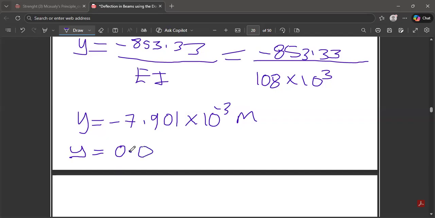Better still, let me denote this for the negative direction, which shows that the thing is moving down. So it is negative what?